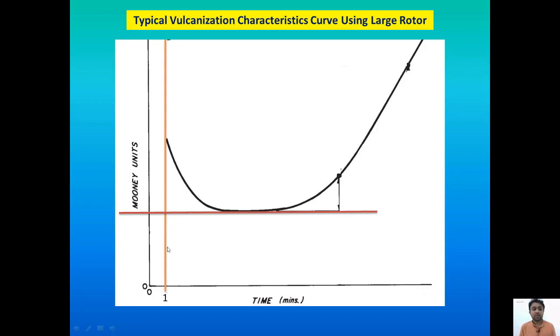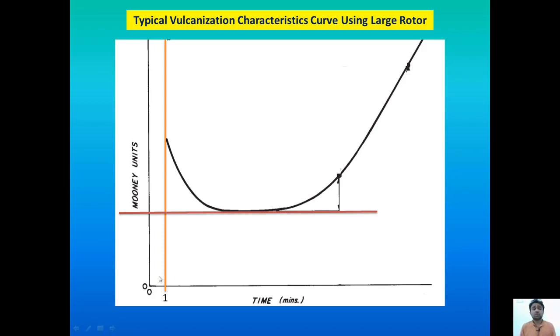Here the 1 minute is the preheating time. We allow our rubber compound to increase its temperature to the testing temperature, so we allow 1 minute of preheating time. So what will happen after this 1 minute preheating time?